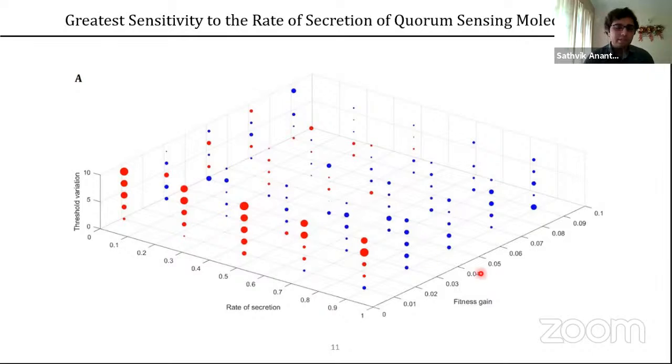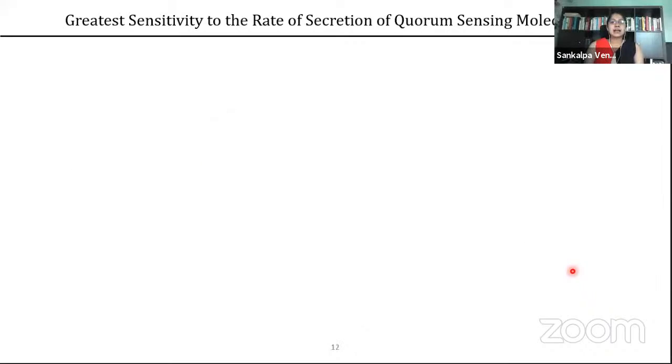And we wanted to investigate these effects in greater detail, which is why we did some more fine-grained analyses, which Sankalpa will talk about.